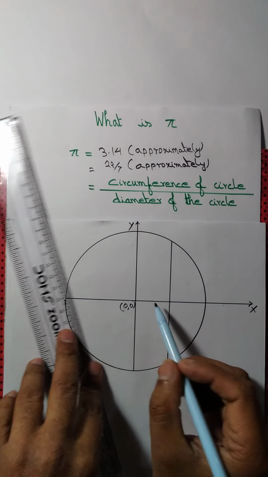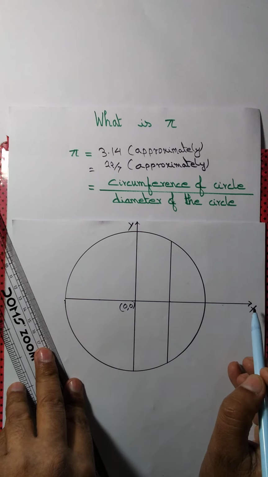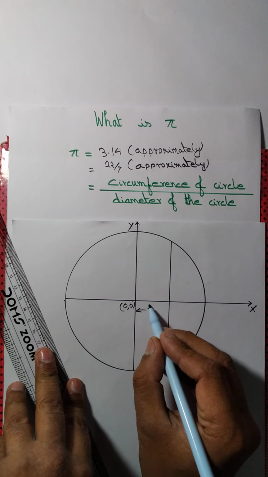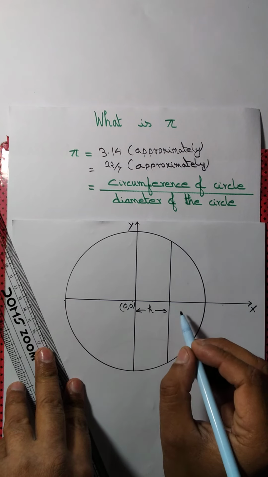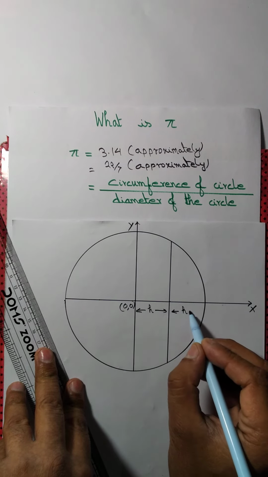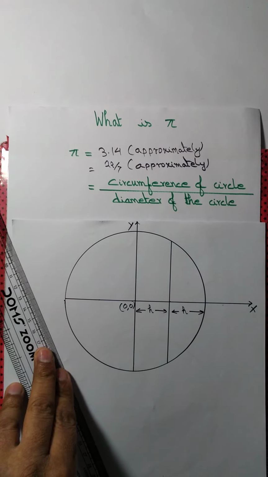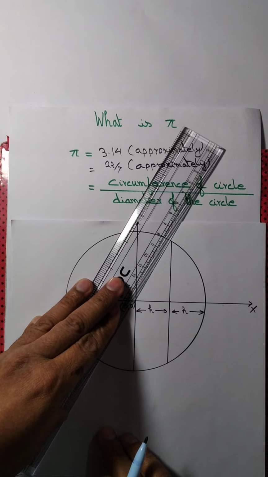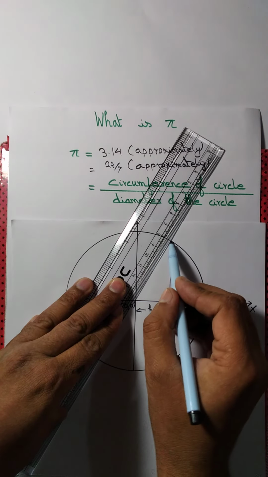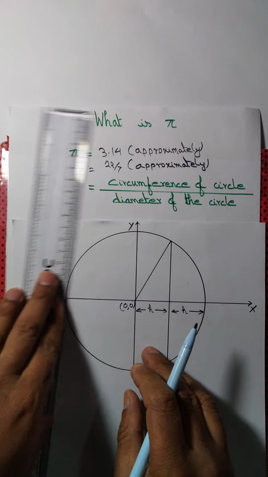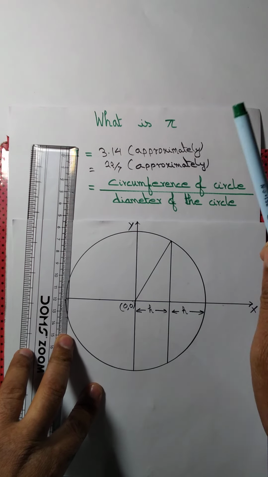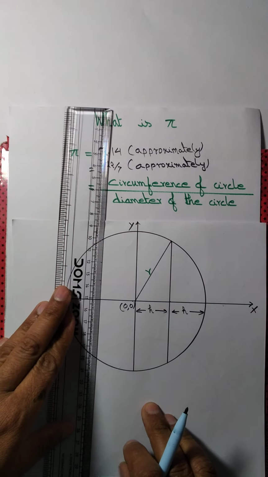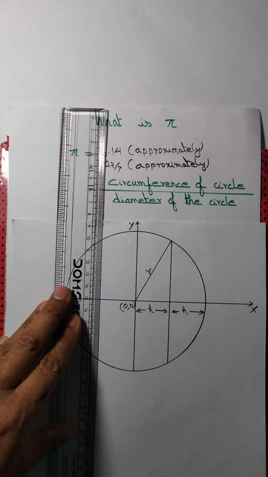Let this be the center of the circle. Let this be the x-axis, let this be the y-axis, and let this distance be h unit, and this also be h unit. And we have a circle of radius r unit. So this is also r, that is the radius of the circle. And let's draw another line.